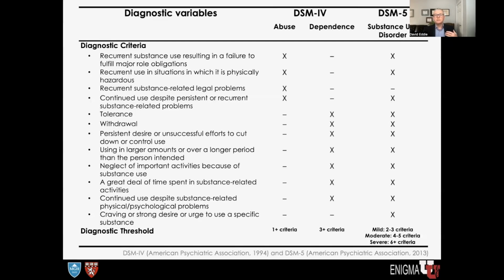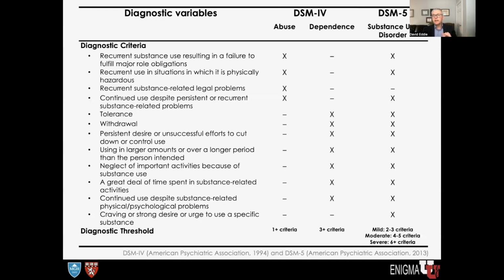These were people identifying as racial minorities, people of lower socioeconomic status, who were much more likely to experience legal problems as a result of their substance use than their more affluent or white peers. So there were clear problems with that diagnostic feature, so they got rid of it.